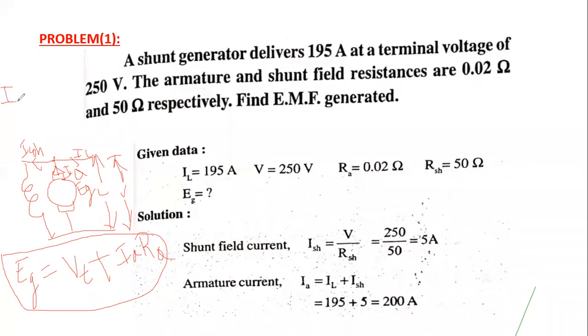That is IA, the armature current. At this point, this IA current is divided into two currents, the load current and the shunt current.